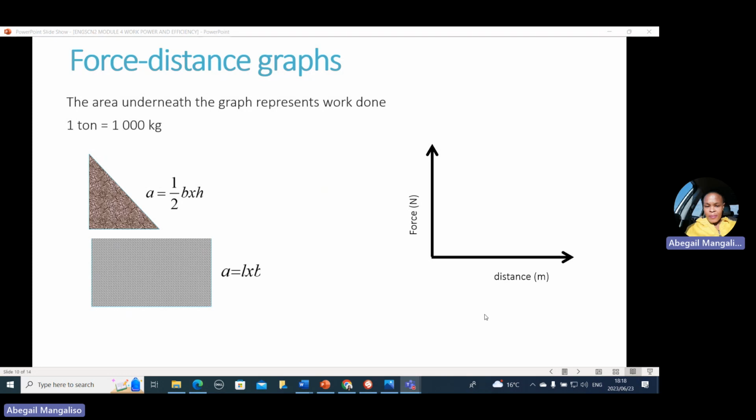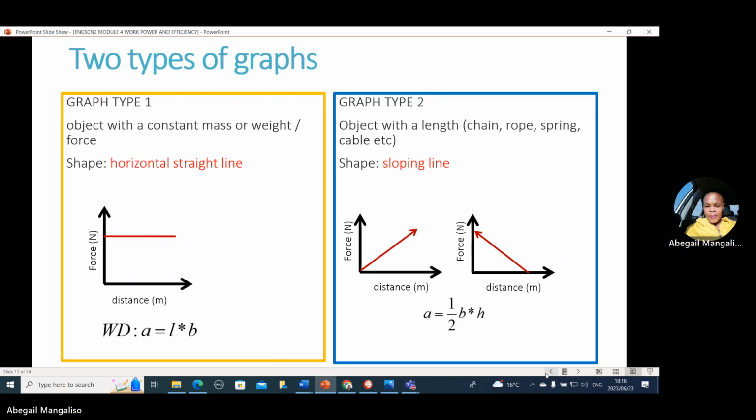Let's look at the next slide. Two types of graphs. We can have a graph with a constant mass, or constant weight, or constant force, when the force of the object is not changing. So it will be represented by a straight line.